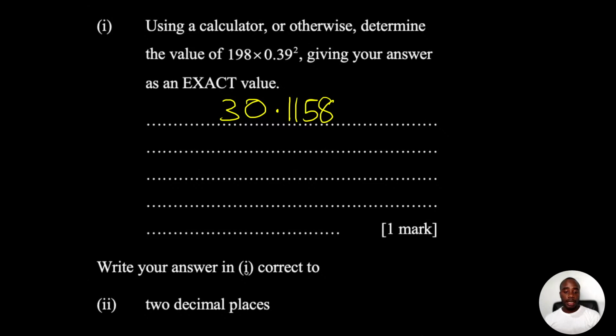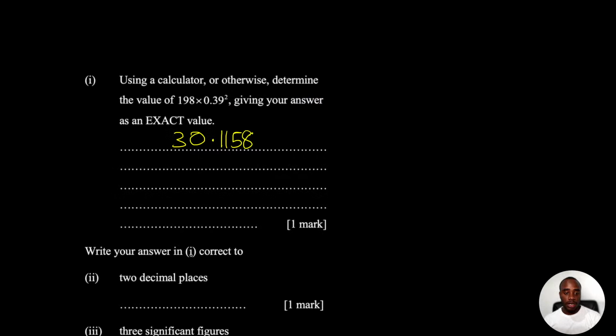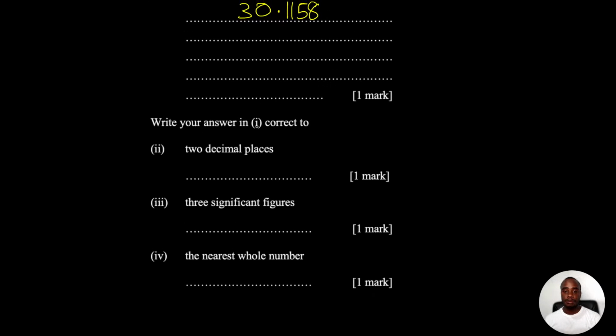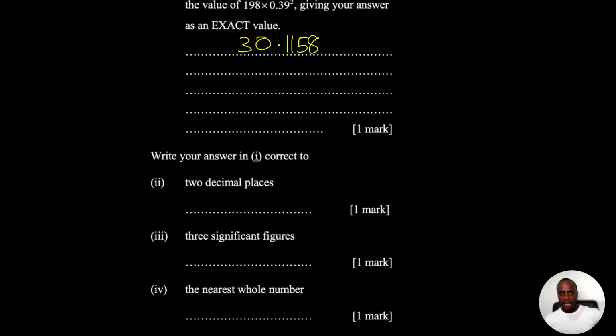Now, the question wants us to write our answer correct to 2 decimal places. So what does that mean? It means that we're going to go to the second decimal place to estimate. So it's after the decimal point: 1, 2.